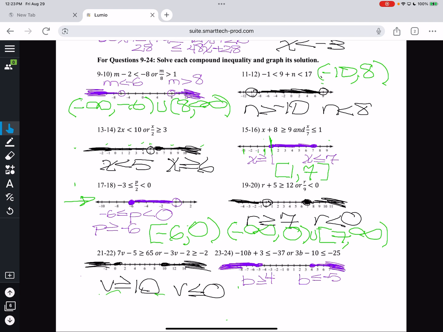Would we do parentheses, negative infinity, and then comma, negative 5, and then parentheses? No, ma'am. Then what's the other one called? Describe it. The half of a rectangle. Bracket. Good description. Half a rectangle. I love that. Bracket.